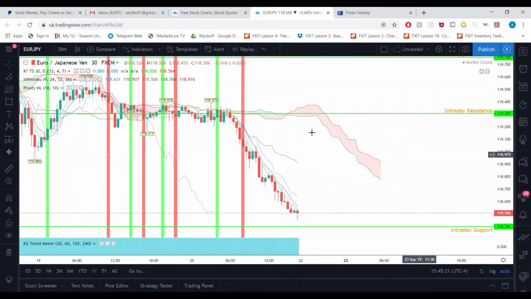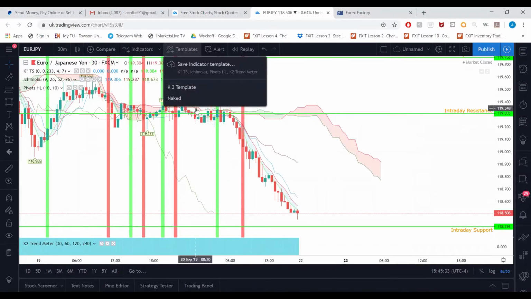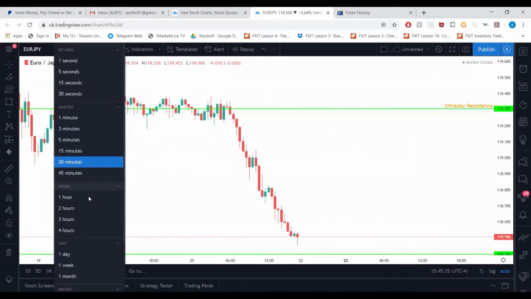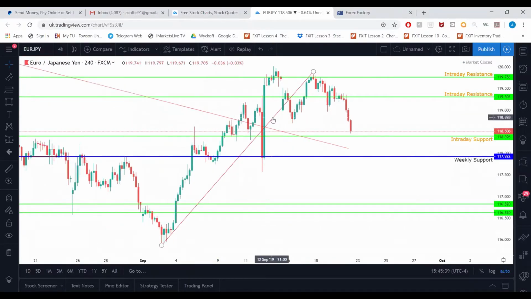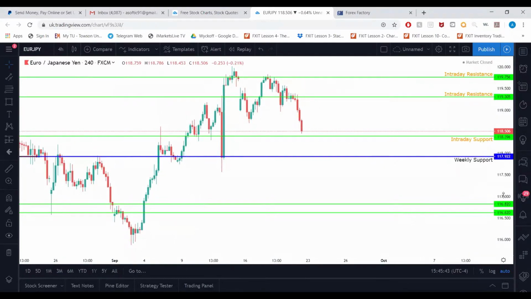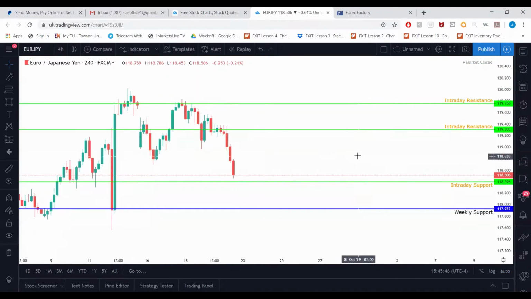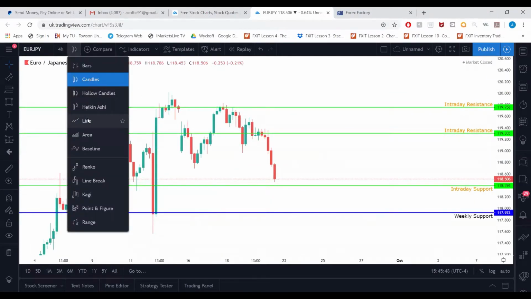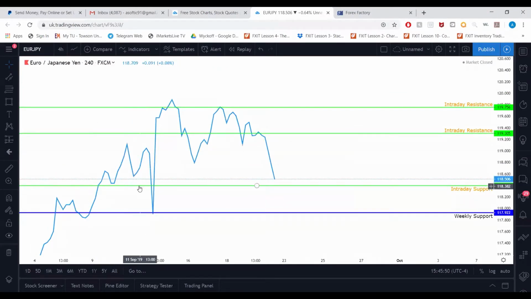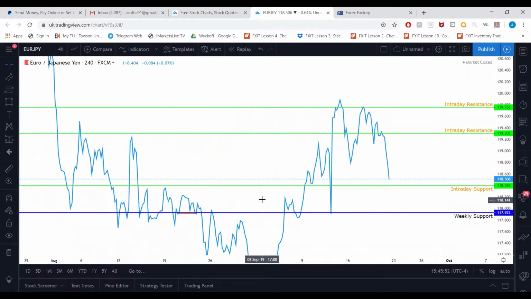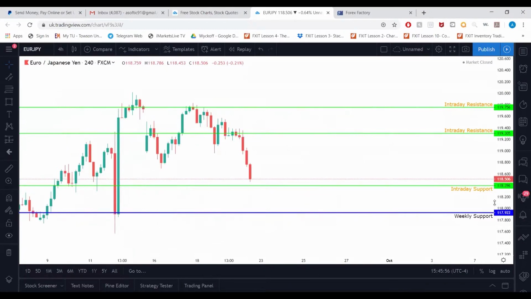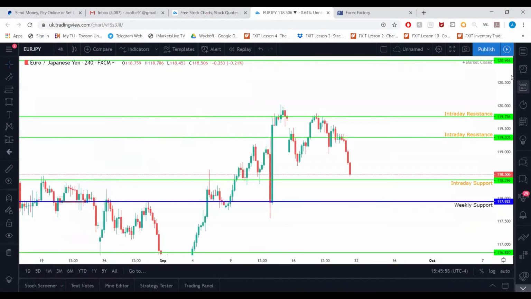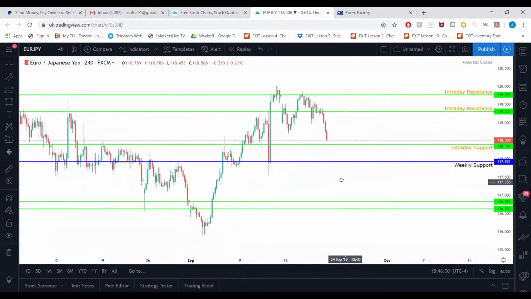And here we go, Euro JPY. Let's go on a higher time frame. Almost at the support. Let's see if we have a trend here.